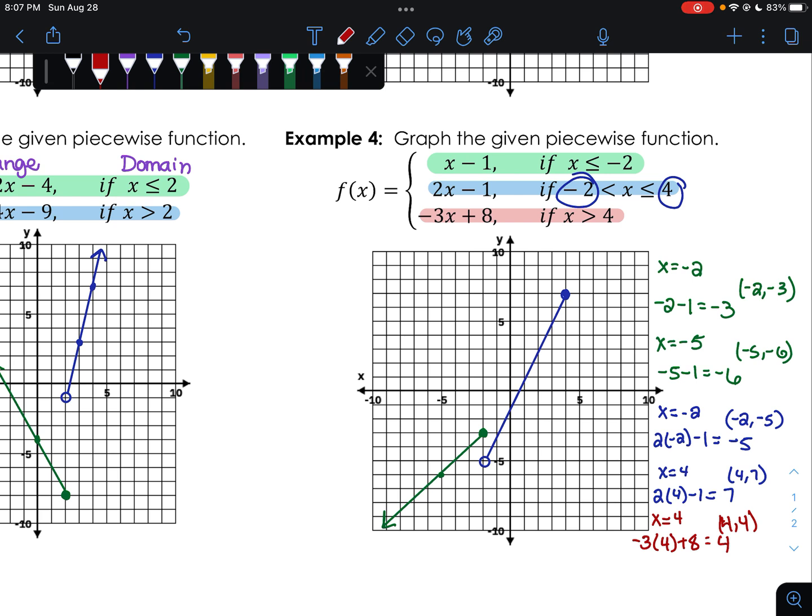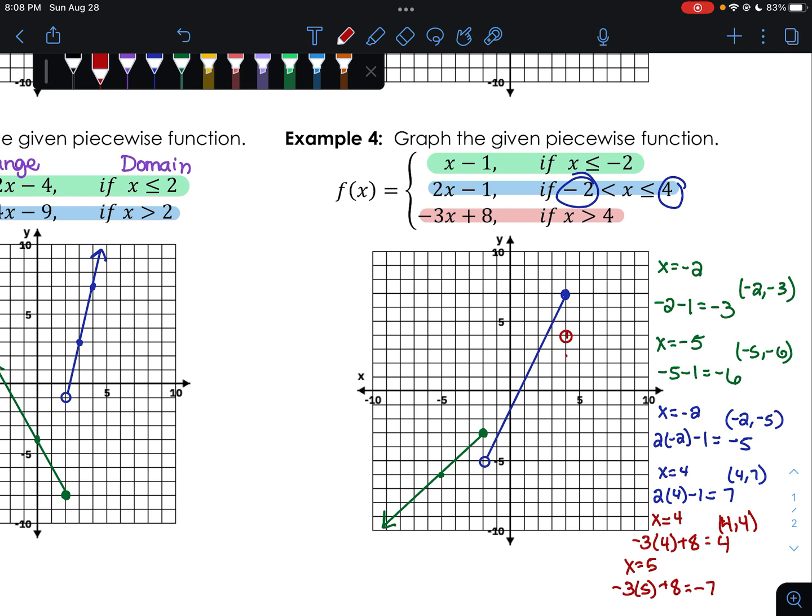Again, making sure it has an open circle at 4, 4. There we go. And then any random point, so let's just go ahead and do 5. That would be negative 3 times 5 plus 8. That would be negative 15 plus 8, and that would give us negative 7.